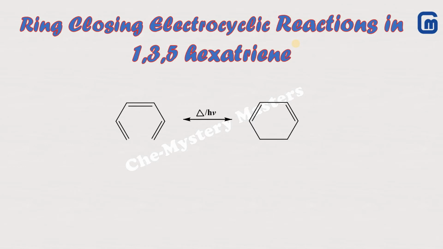So firstly we will be discussing the ring closing electrocyclic reaction in 1,3,5 hexatriene molecule. Now we will see how this conversion of an acyclic molecule to a cyclic one happens.